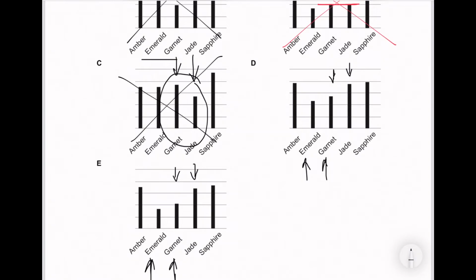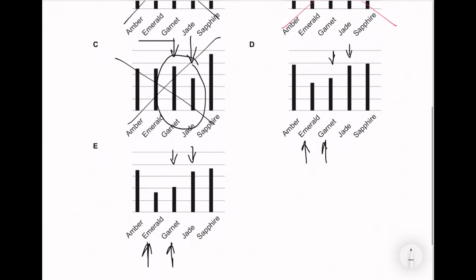Let's look at the primary difference between these two charts. So it looks like the primary difference between D and E is the relative proportion between A and E, right?